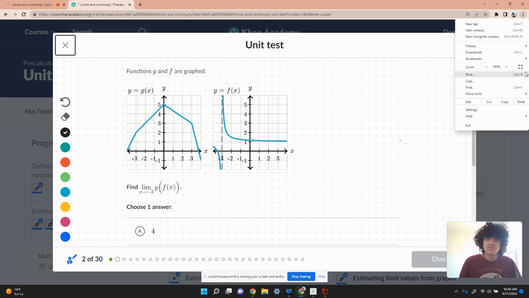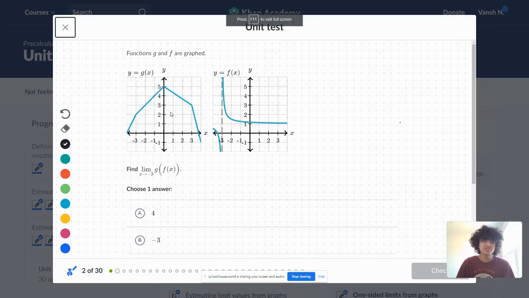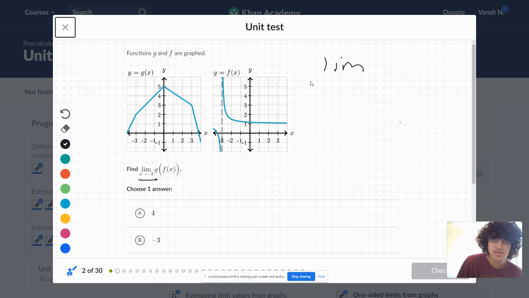Okay, so now we have functions g and f graphed. It looks like we have a composition of functions. Find the limit as x goes to negative 3 of g of f of x. Let's start with the inside, f of x. The limit as x goes to negative 3 of f of x.